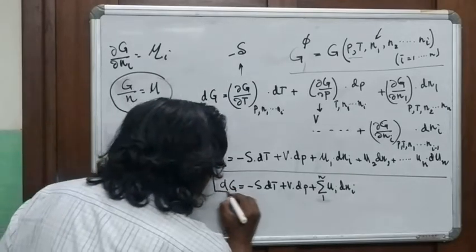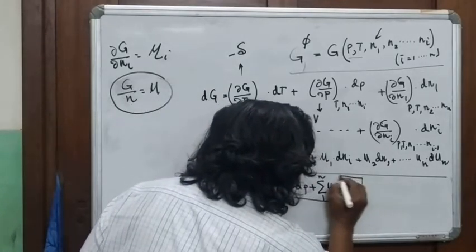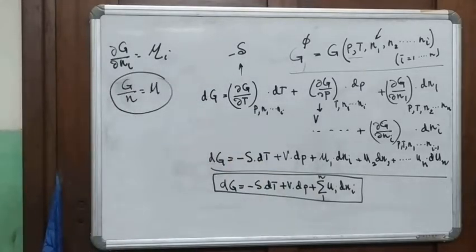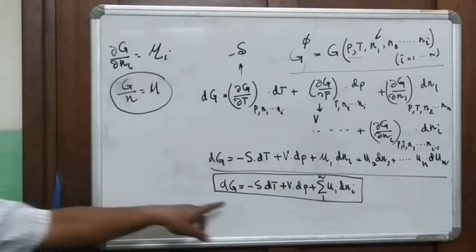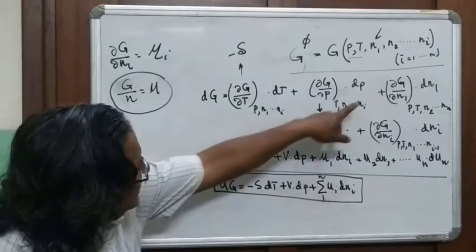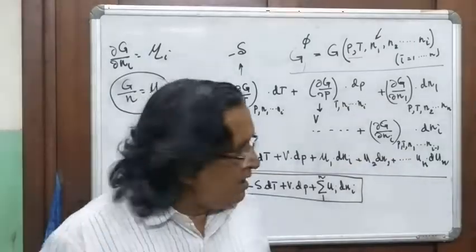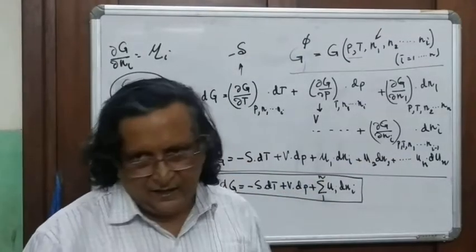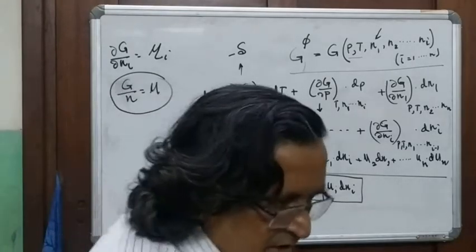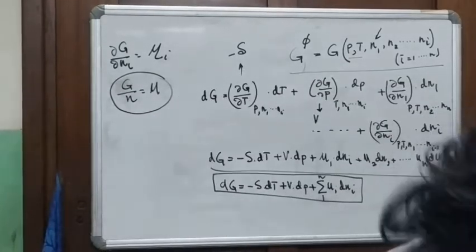This is how I can write it. dG is equal to minus S dT plus V dP plus sigma mu i dni, where i is equal to 1 to n. This is how it is. But I'm erasing this now.